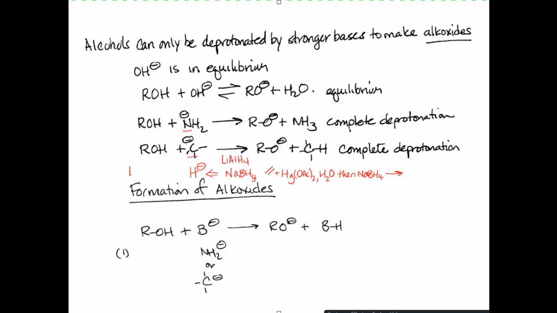Also, you can actually buy potassium hydride or sodium hydride, so you can get the metal forms of those two hydrides. So any of these are a source of hydride that could be used to deprotonate the alcohol. So in general, how we form alkoxides is we react them with a strong base: sodium amide, C minus, or even an H minus, not an H plus, an H minus.